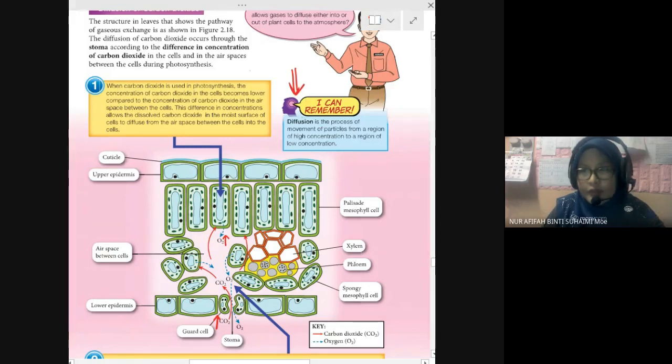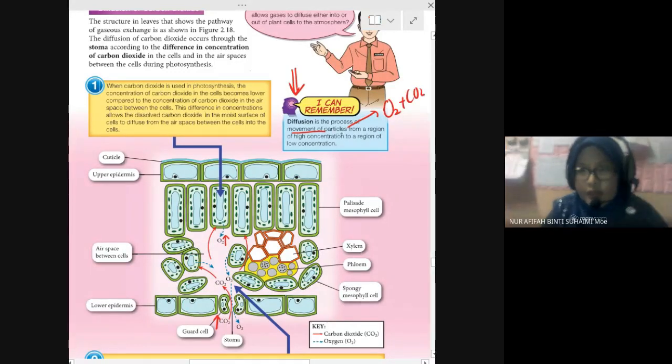Diffusion is the process of movement of particles, especially gases. We state it for gases, since we discuss gas exchange. So this refers to oxygen and carbon dioxide.